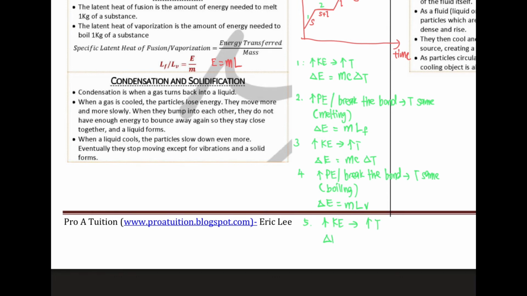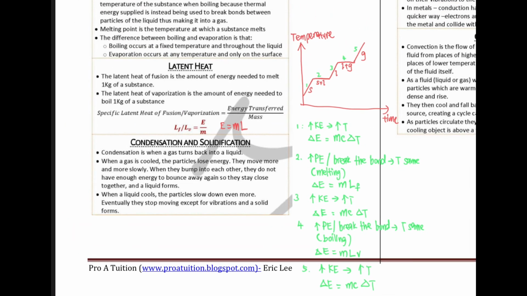Because there is change in temperature, we use delta E equal to mc delta T. From here you can see different situations, we use different formulas in calculations. This part we have done already, and we have to practice, of course.